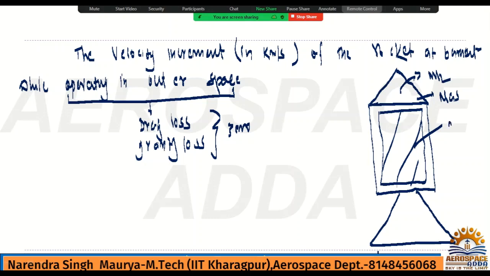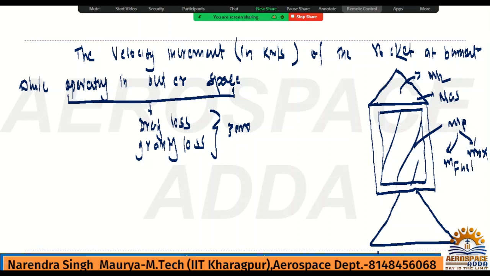If I say propellant, so propellant means what? Fuel plus oxidizer. Okay, that you know very well. I am not going to write each and everything, I will just calculate the direct value.